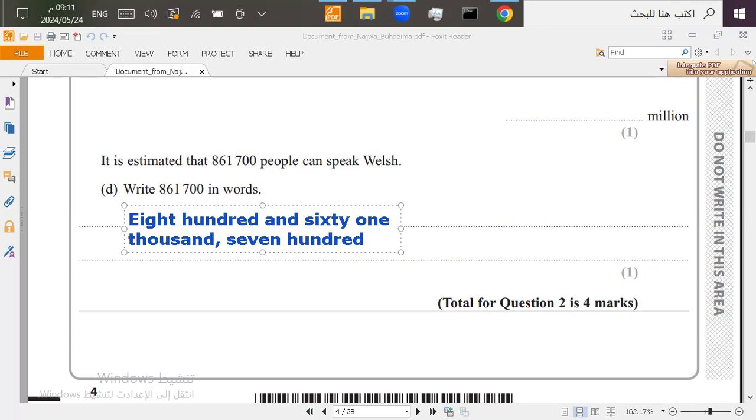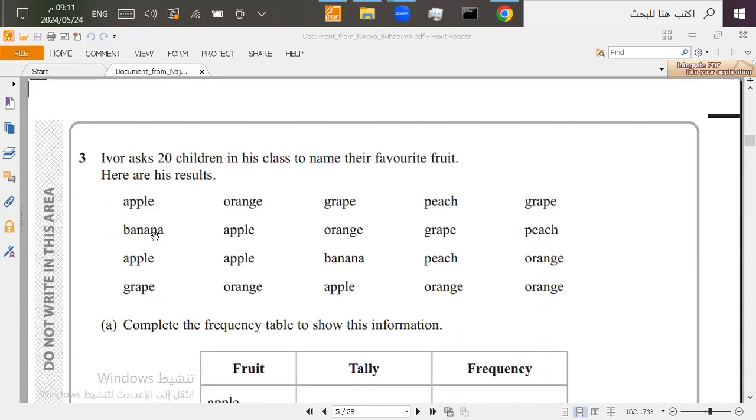Okay. So this is how you write this number in words. Now, for the spelling mistakes, as long as it gives the right meaning, they don't care about spelling mistakes, okay? Because it's a math test, so they don't care about spelling mistakes. Let's move on to the next question.